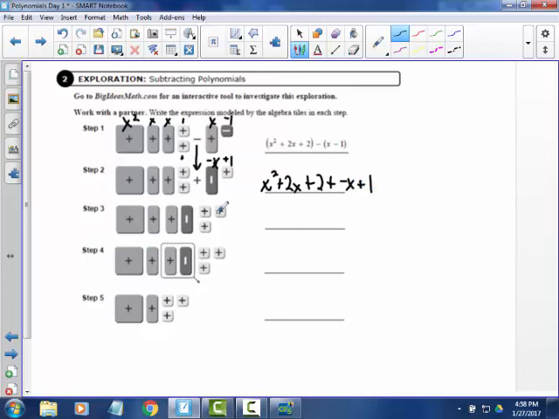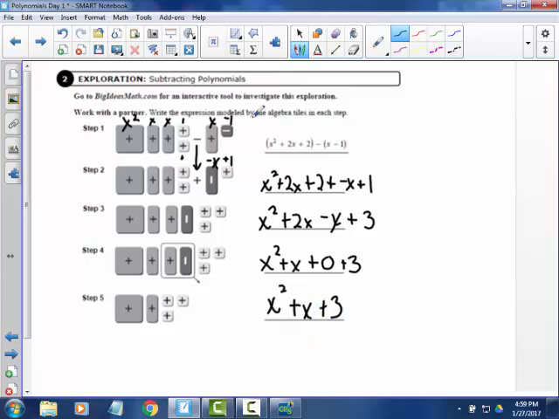And now they've regrouped, so we have x squared plus 2x minus x plus 3. And then here they've put in a 0, so we have x squared plus x plus 0 plus 3. And then finally we just simply have x squared plus x plus 3.